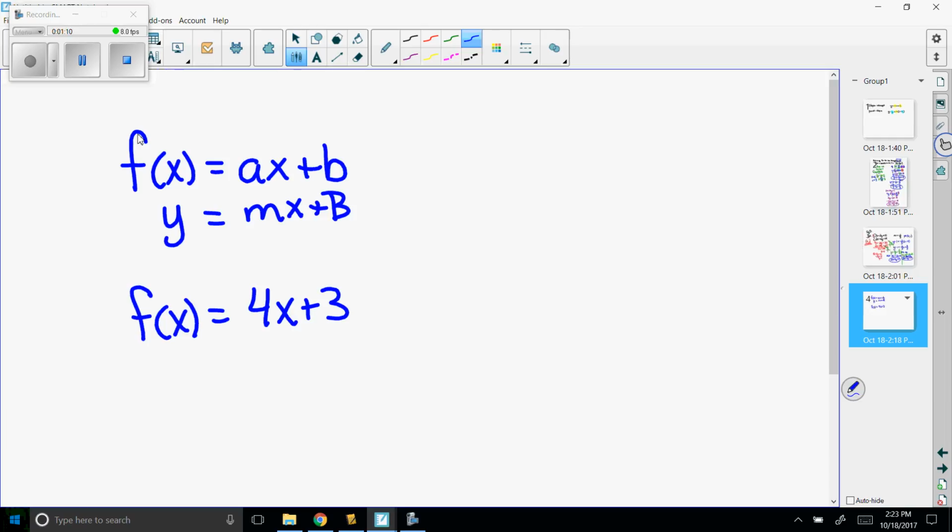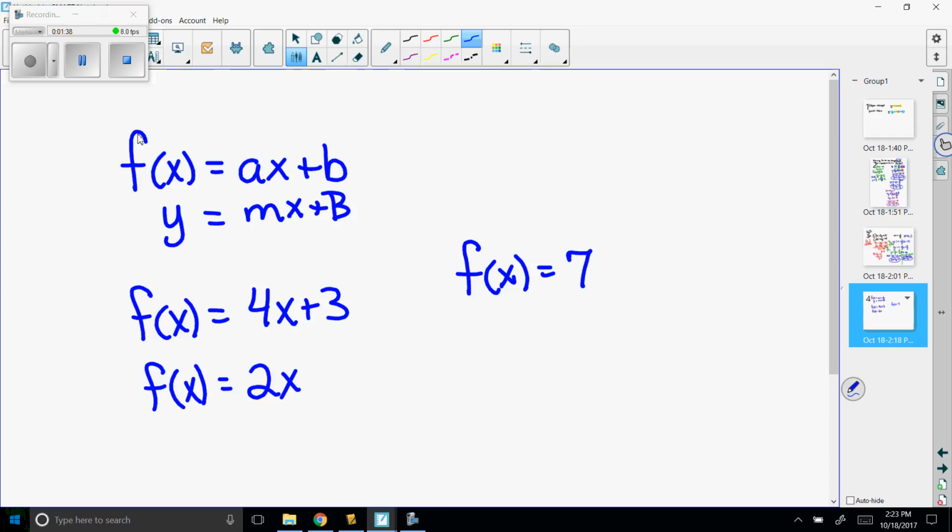So other things that can happen. What if I just told you f of x is equal to 2x? What does that mean? What's the slope? The slope is 2 and the y-intercept is 0. But what if I tell you f of x is equal to 7?